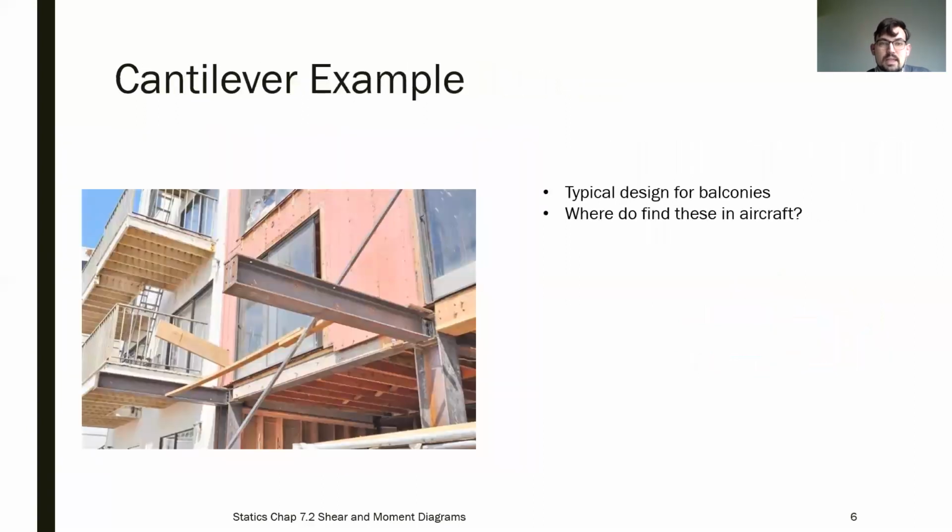Here's a great example of a cantilever. We see cantilevers all the time because we love balconies. Balconies are money makers. If you have a balcony, you have so much space, you've got a view of outside.